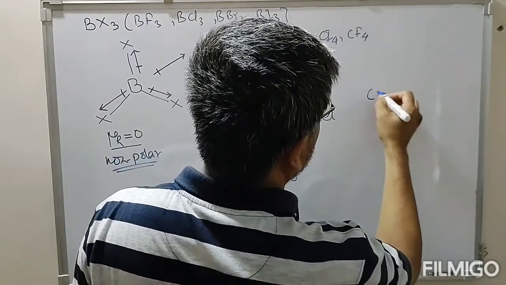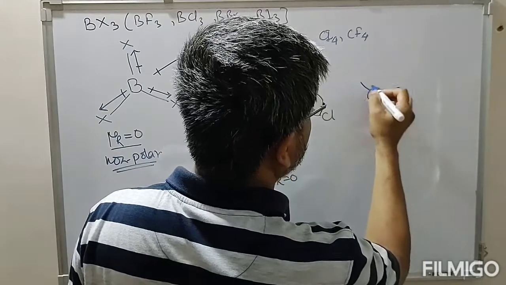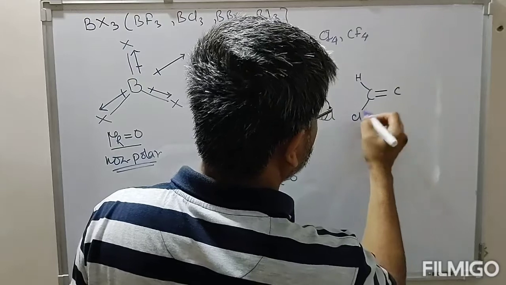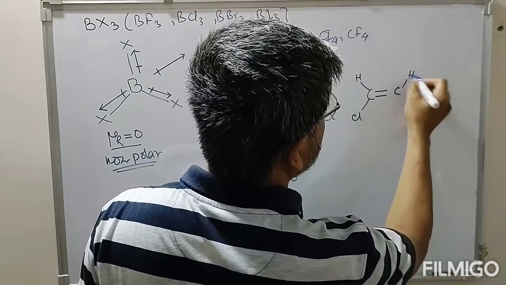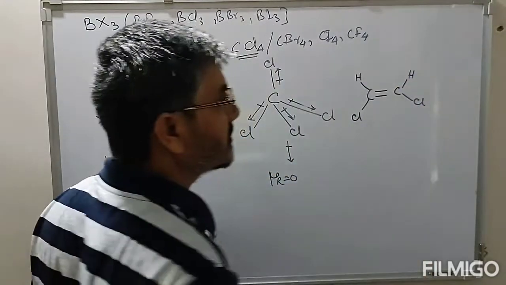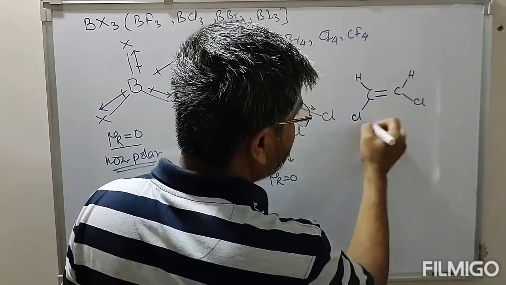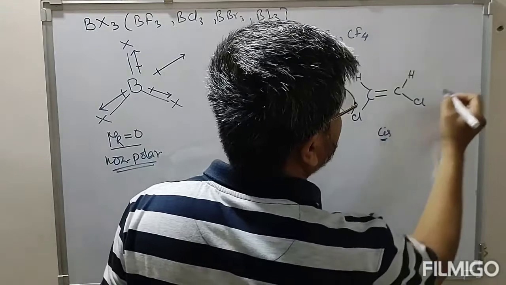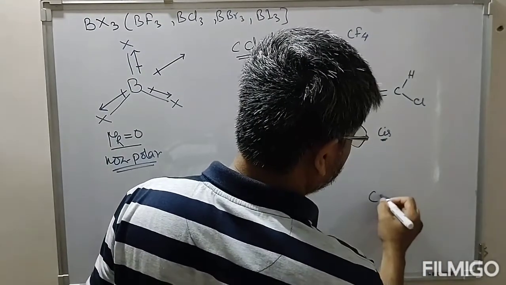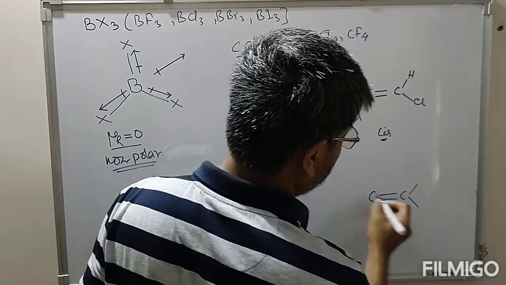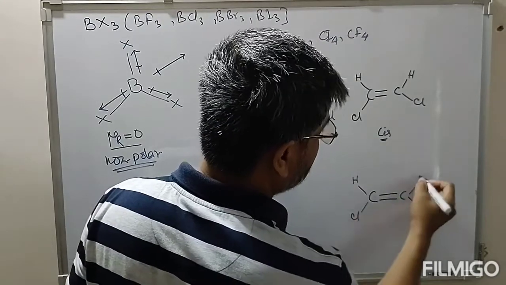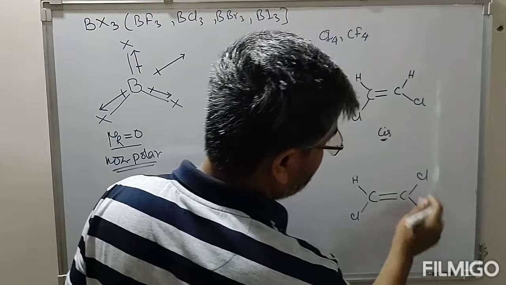Take this. We have this C. Suppose this is Cl. This is CCl. Now, identical groups on the same side, we say this is cis. Take the other way. With this hydrogen, Cl, hydrogen.